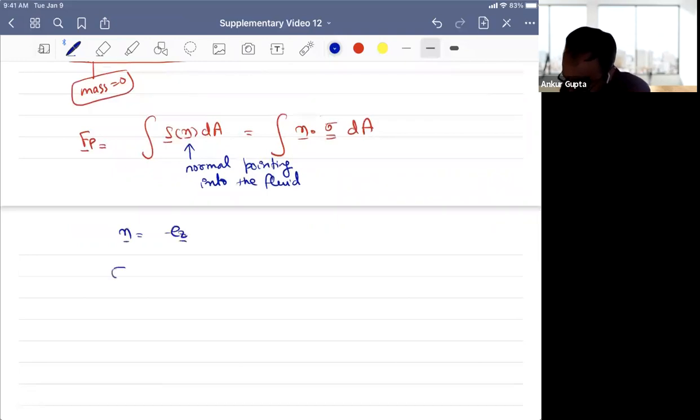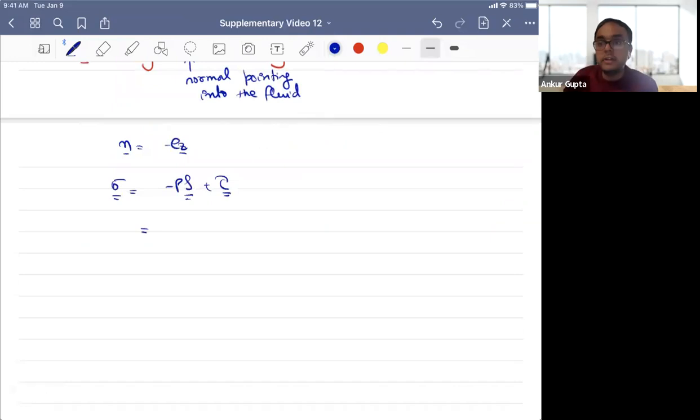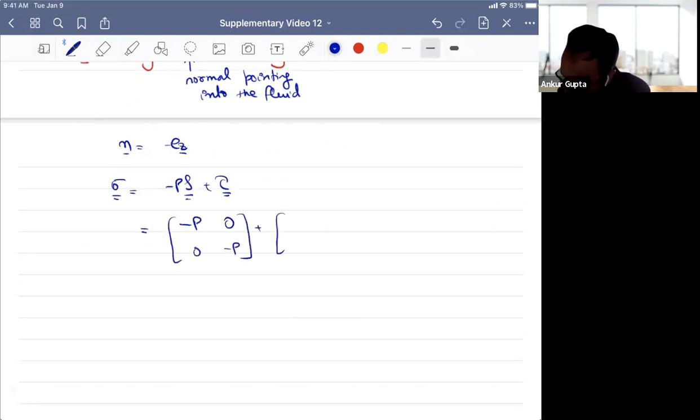Sigma, we know, is minus P delta plus tau. In this problem, we don't have a theta dependence. We only have an R and Z dependence. So this becomes minus P, 0, 0, minus P, plus tau RR, tau RZ, tau ZR, tau ZZ. Or this essentially becomes minus P plus tau RR, tau RZ, tau ZR, and minus P plus tau ZZ.